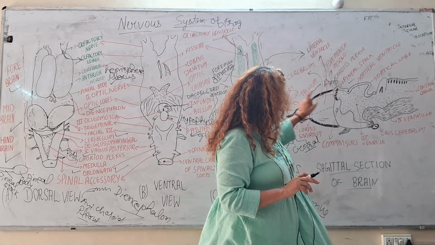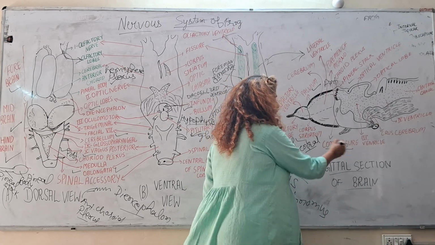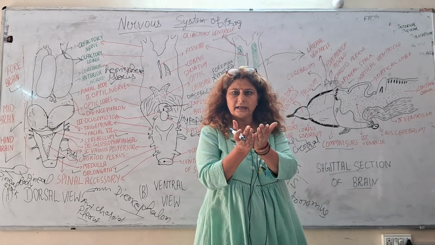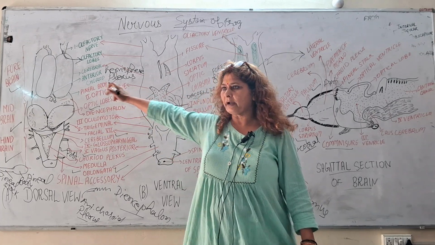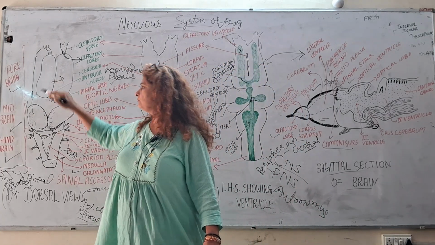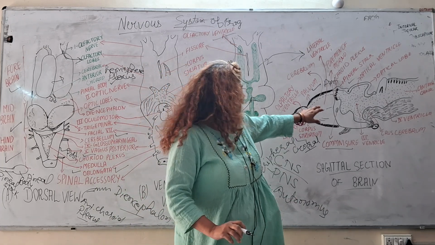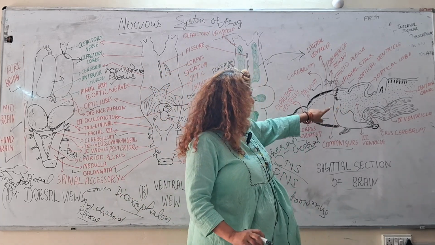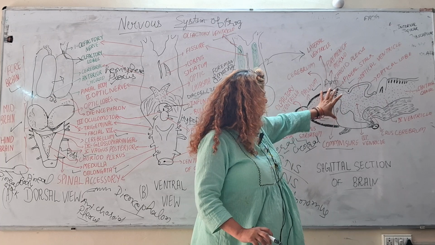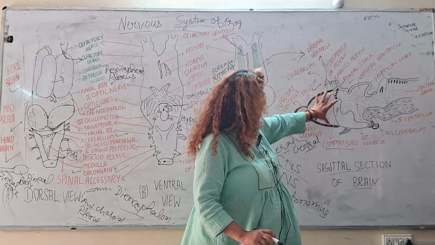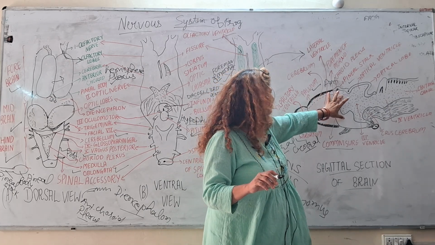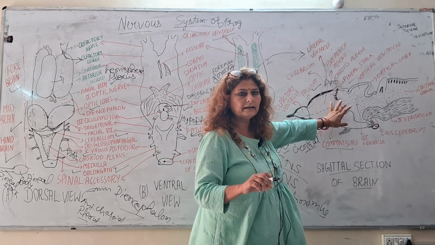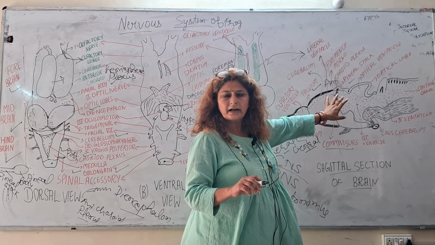On the lower side there is present commissure. What are they? Those which join two same ganglions, like this one above. Okay. Then after that, up to here the first part is the olfactory lobe, this is the cerebral hemisphere, then this portion is the diencephalon.